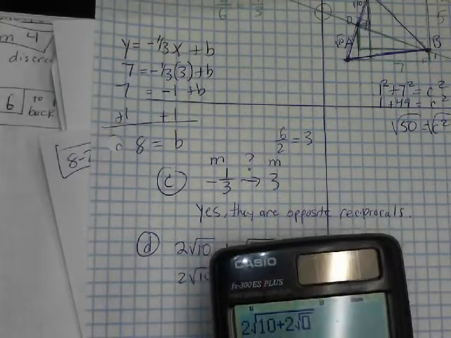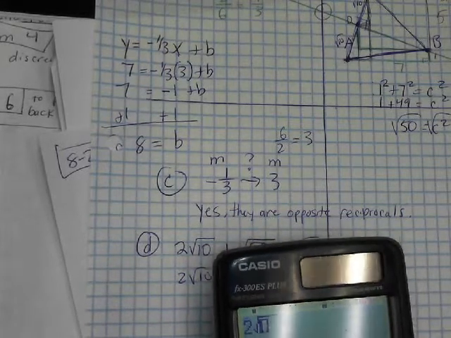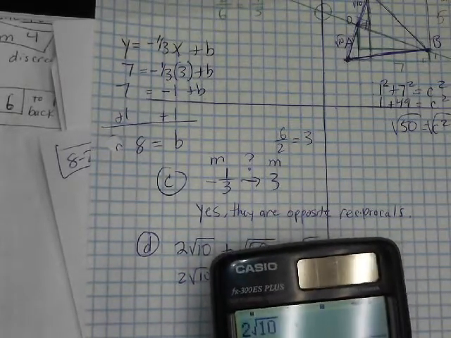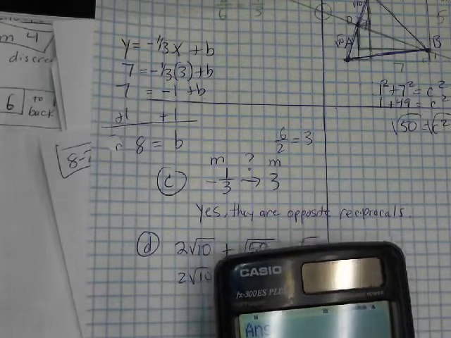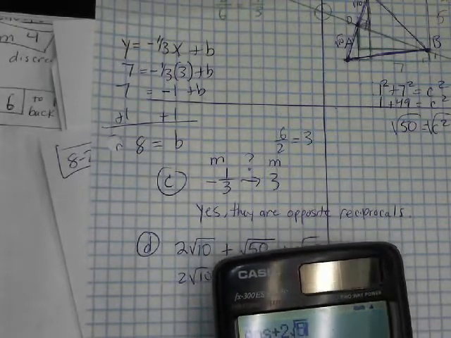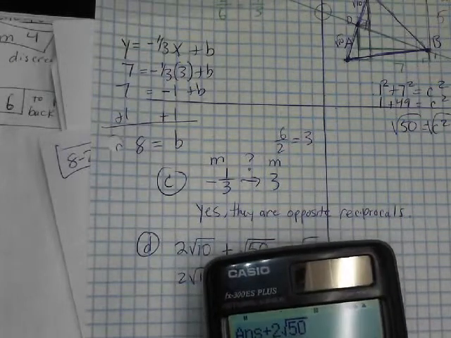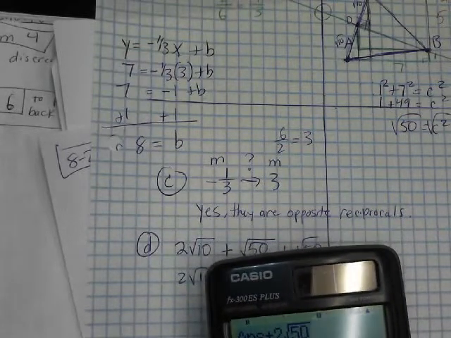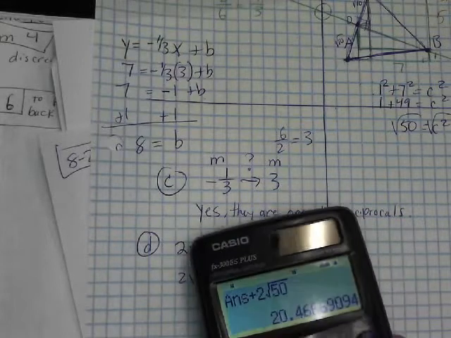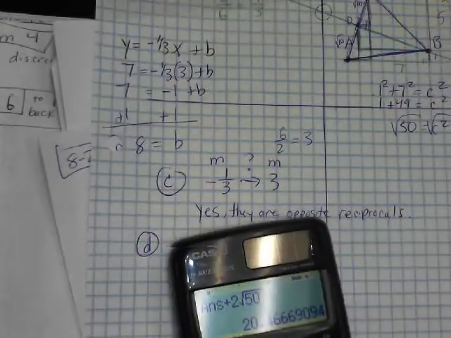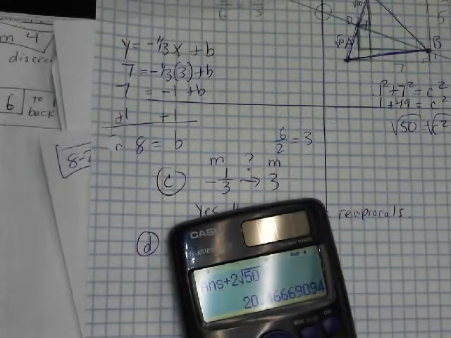I should have went 2 root 10 plus 2 root 50 equals, I got about 20.46-ish. I'm going to check in the answer book and see if they rounded it that way or if they left it as a radical.